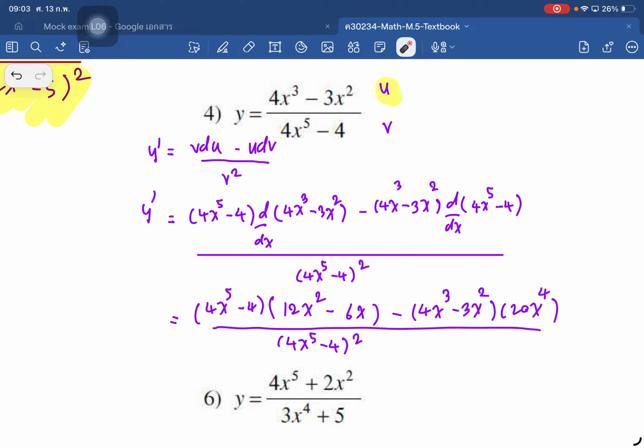Right? This will be minus 1 x plus 2 to the minus 2 multiply 1. Then your answer will be minus 1 over x plus 2 to the power of 2.